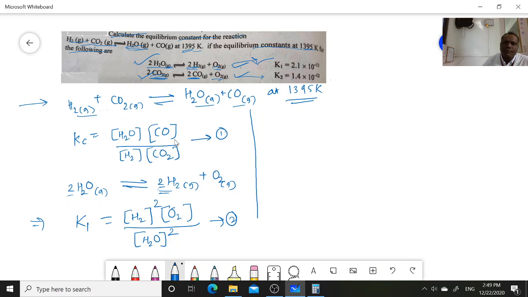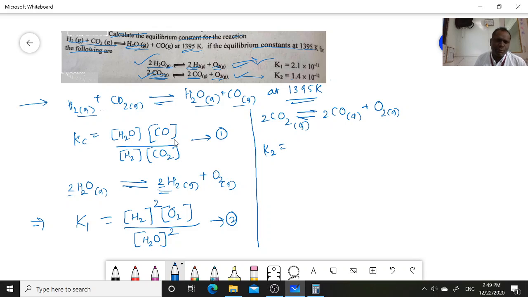The next reaction is 2CO2 converting into 2CO plus O2, all in the gaseous state. Let's write the equilibrium constant K2 for this reaction.